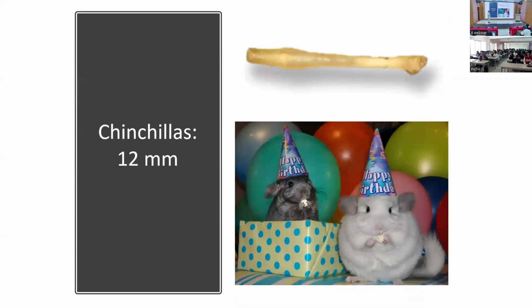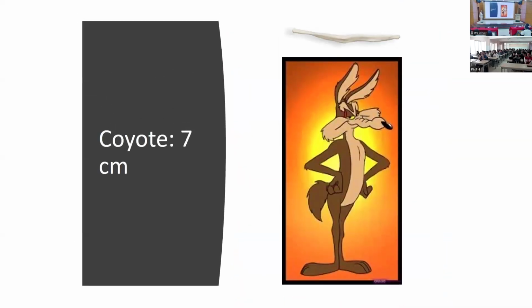And that one is the bone of the chinchilla, 12 millimeters. That one is the bone of the coyote. I think that by chance, oh wow, I have a bone of the coyote in my pocket. Is that one? Incredible, but I do have it. It's not so big, but it is a real bone.